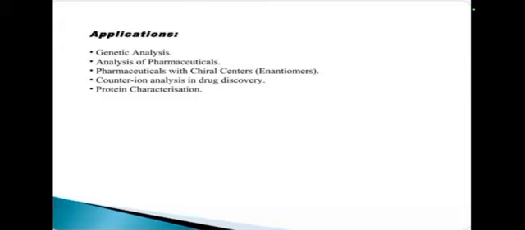Gel electrophoresis is used for sequencing DNA to determine encoded genetic codes. These are the applications of capillary electrophoresis.